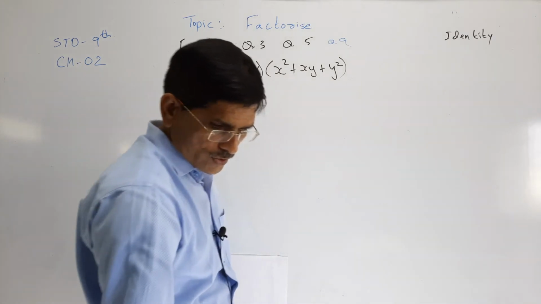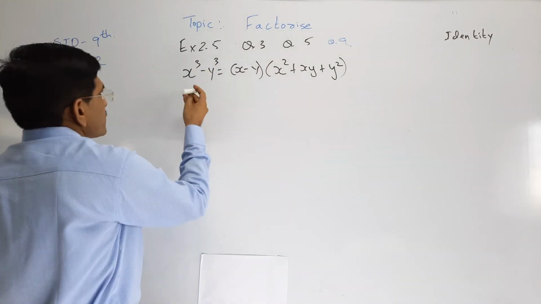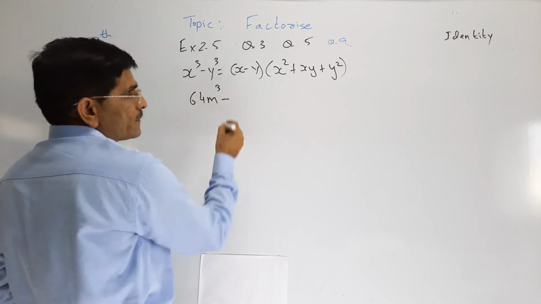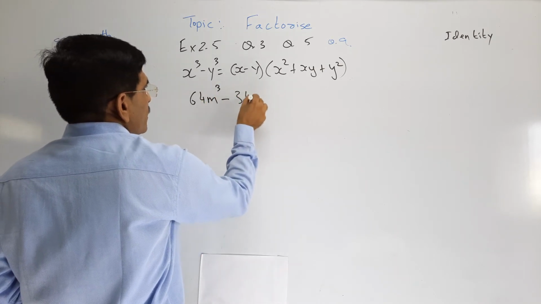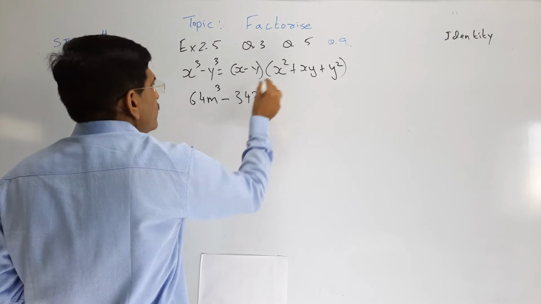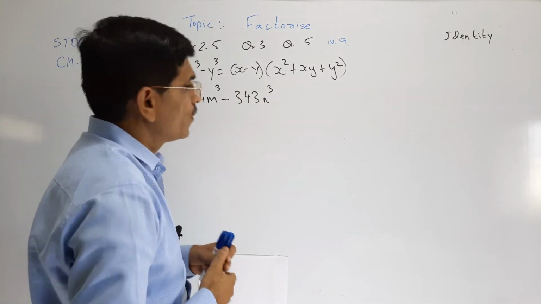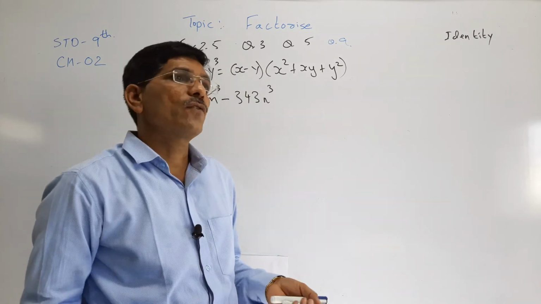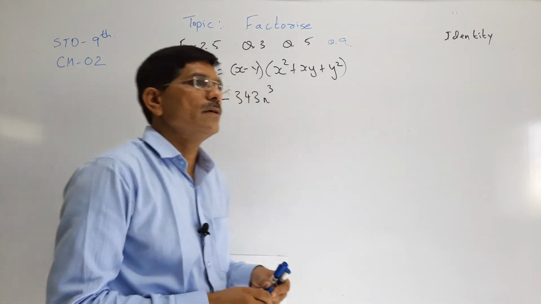The question is 64m cube minus 343n cube. Now 64 is the cube of 4 and 343 is the cube of 7.